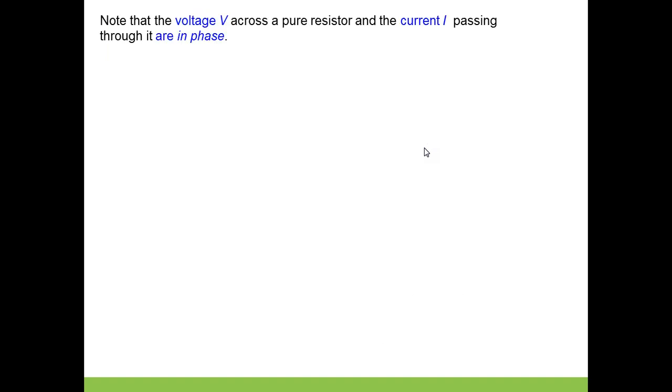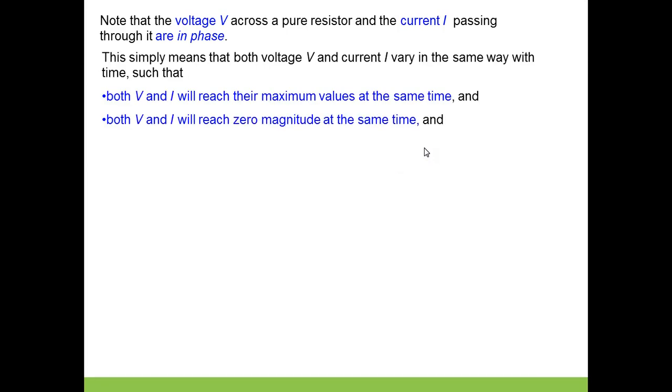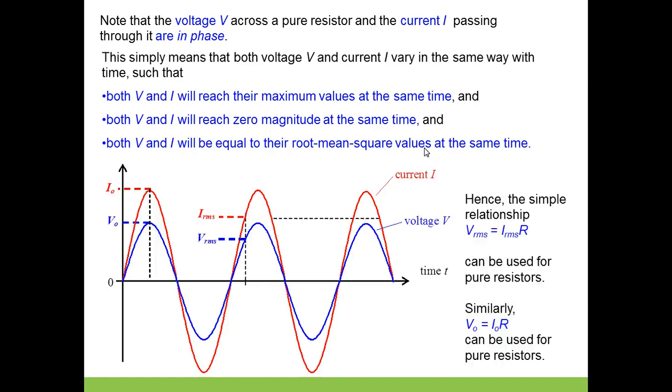Note that the voltage and the current are in phase. This means that V and I vary in the same way such that they will both reach the maximum value at the same time and both reach 0 at the same time. Obviously, then they will also reach the root mean square values at the same time. Hence, the graph can be sketched in this following manner.